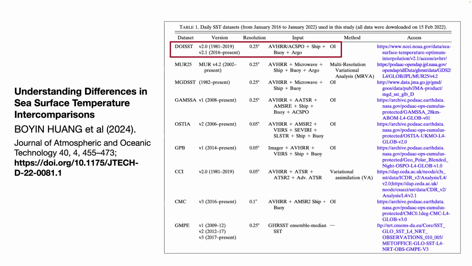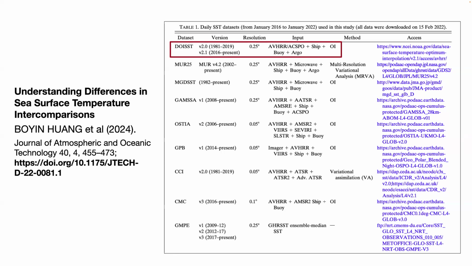In reading this, I found that the daily OISST, version 2, now 2.1, put out by the NOAA group, the National Centers for Environmental Information, NCEI. In the next slide or two, I'll show you where the data sources are.